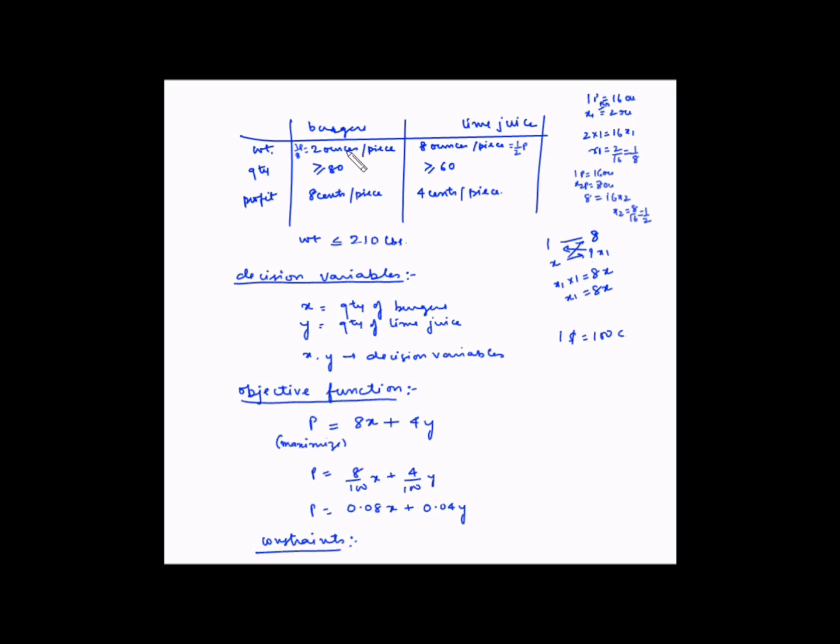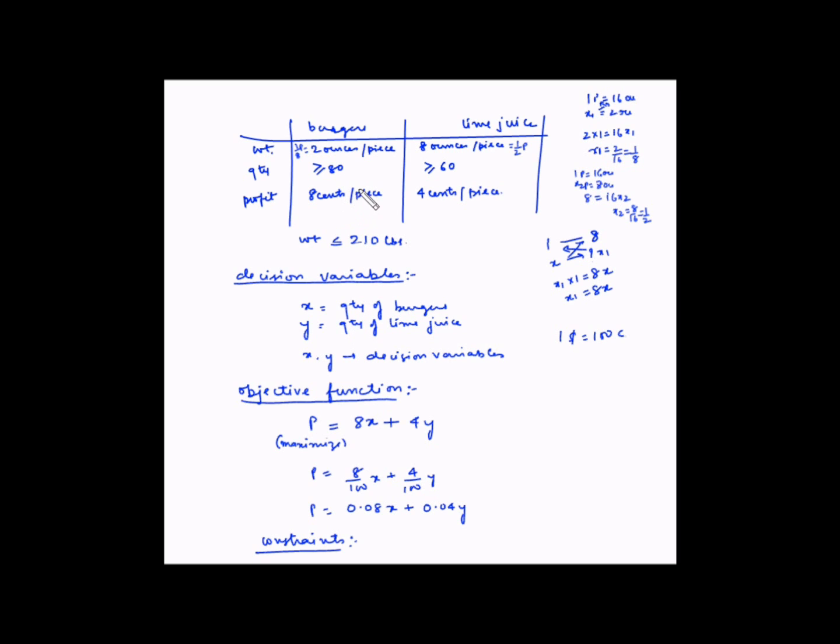So the weight of each burger is 1 by 8 pound. So the weight of x number of burgers would be 1 by 8 multiplied by x. Similarly, the weight of each lime juice is 1 by 2 pounds. So the weight of y number of lime juices would be 1 by 2 multiplied by y.